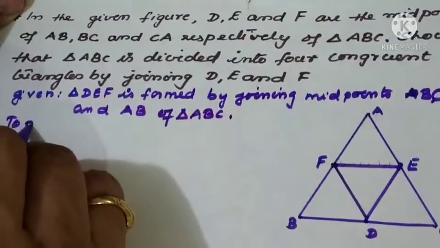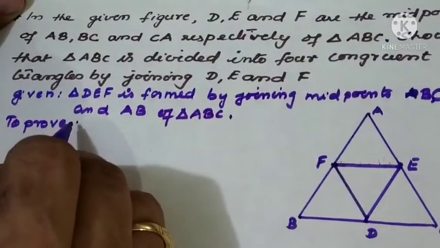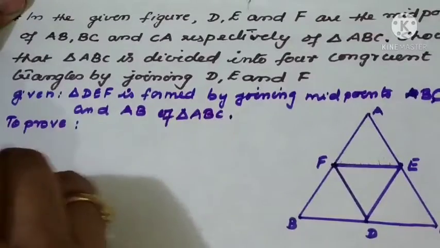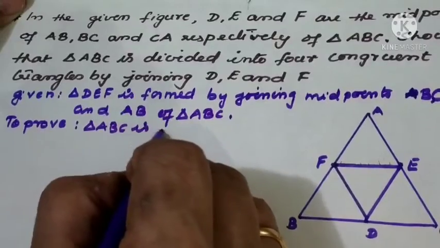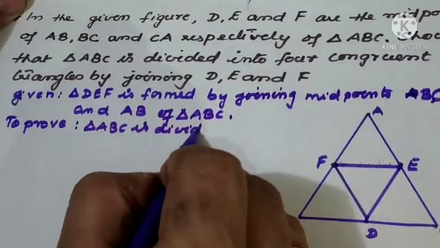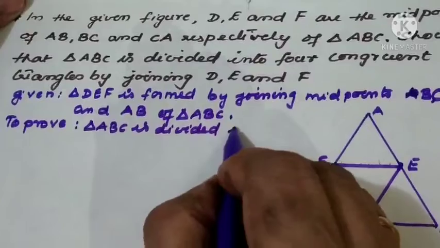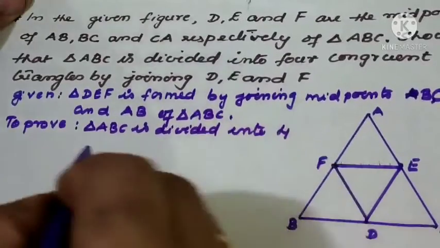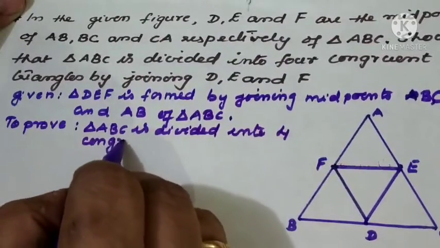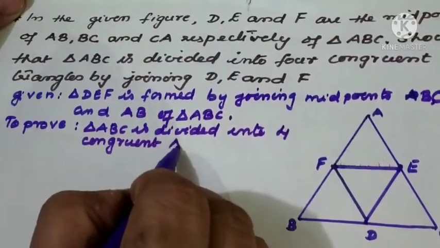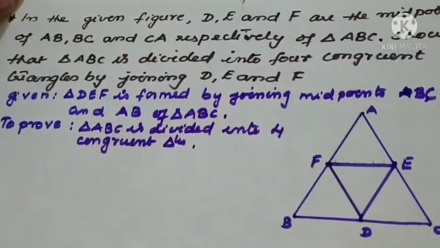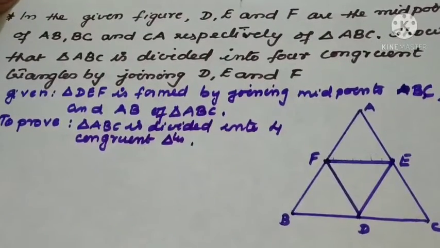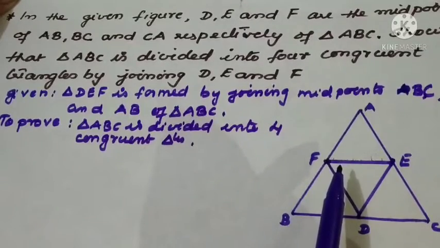To prove: triangle ABC is divided into four congruent triangles. First we have to prove that BDEF is a parallelogram.